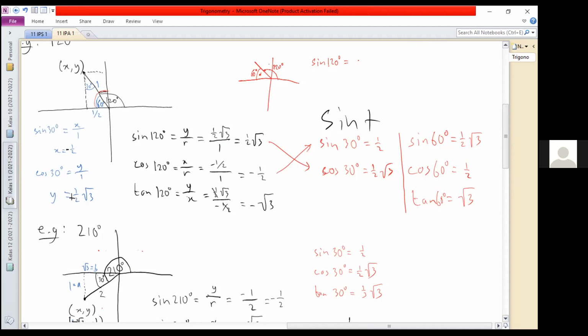Okay, so in general, if we have x degrees here in the second quadrant, and here we have 180 degrees, so this angle should be 180 minus x, or theta.